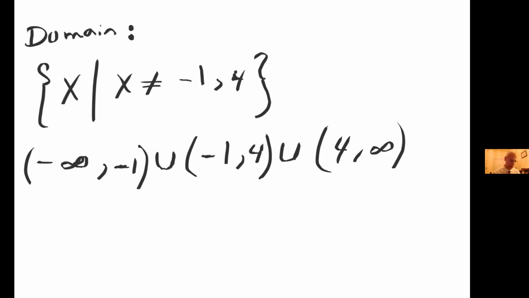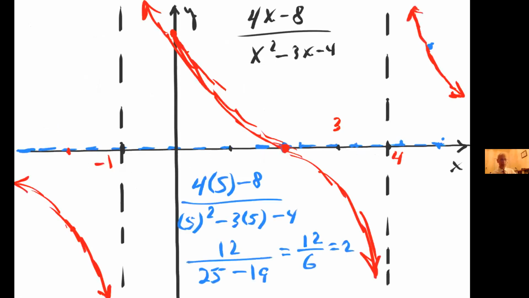And how about the range? Let me just go back to our graph. Notice that the range, or the y values, goes all the way up, keeps going forever, and keeps going forever down.